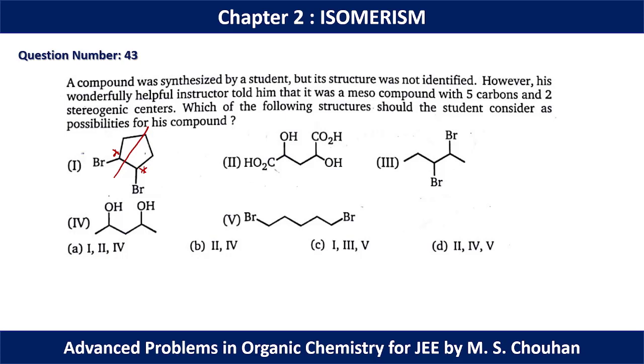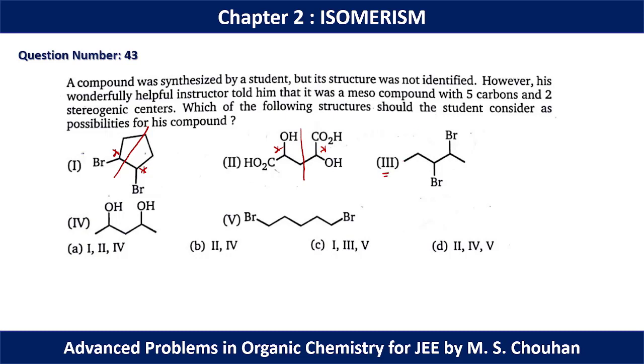In the second molecule we again have 2 stereogenic centers, and we can draw a sigma symmetry if we exchange these two positions, because in stereogenic centers we can exchange the positions. So we can draw a plane of symmetry in this position also. So in option 2 we also have a meso compound with 2 stereogenic centers.